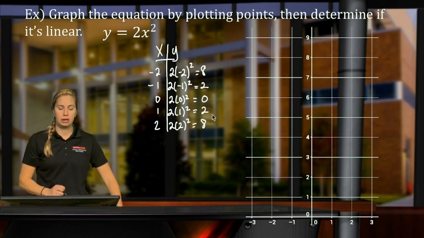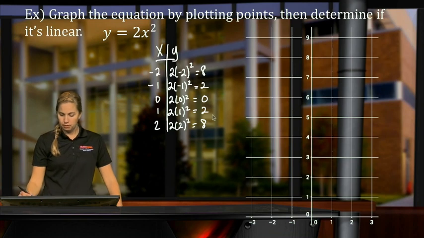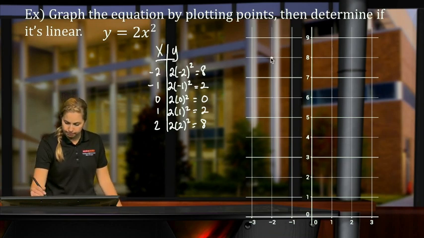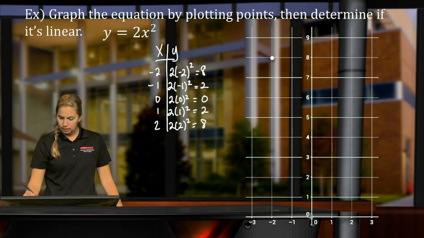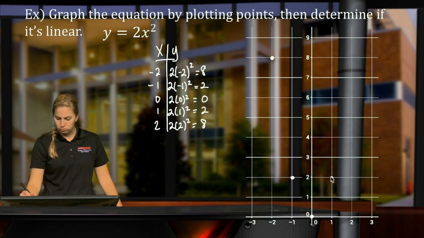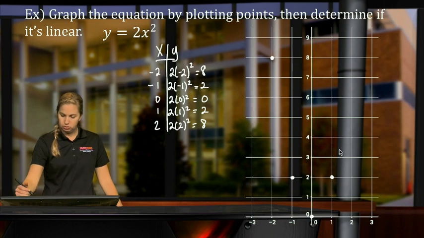Again, we see that repeated value of 8. And now we'll plot these ordered pairs. -2, 8. -1, 2. 0, 0. 1, 2. 2, 8.